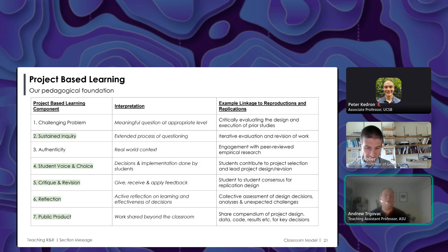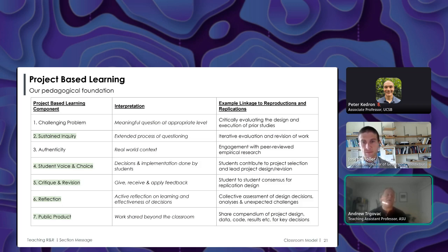In the third column, what we decided to do is give an example where we take these ideas of reproductions and replications in the classroom and link it to each of these. And this is just one example for each of these because there's a lot of words, and we're currently writing a paper at this point in time, and we're trying to link all of these things together. But you can see here that with the challenging problem, we're critically evaluating the design and execution of prior studies.